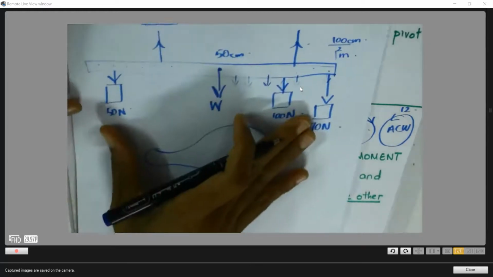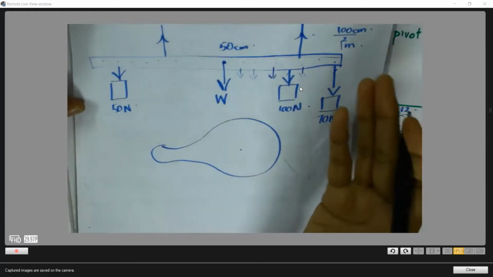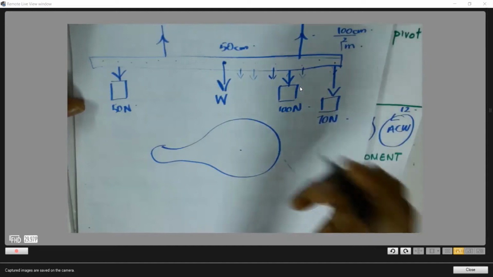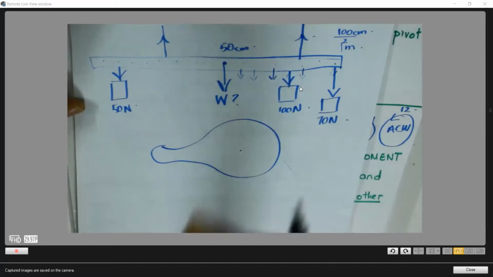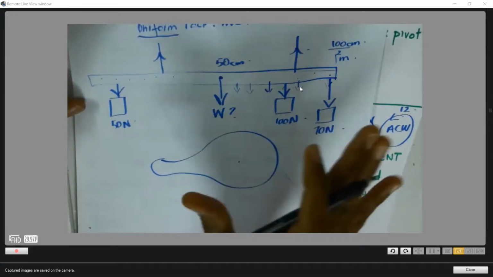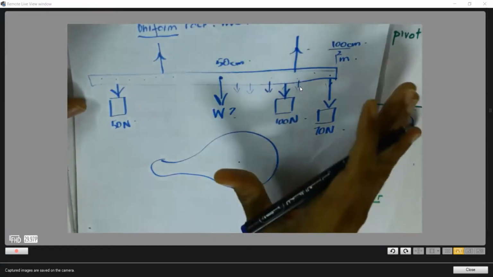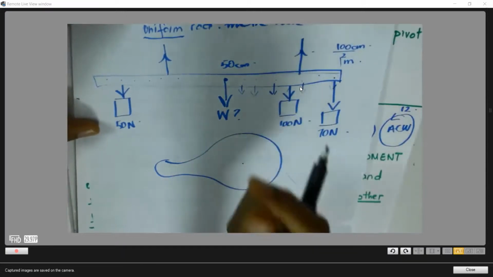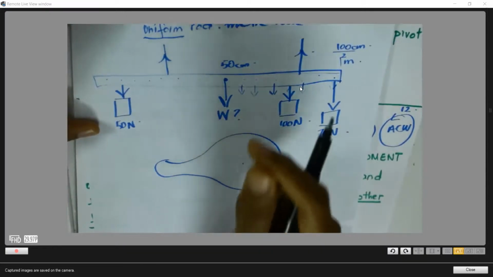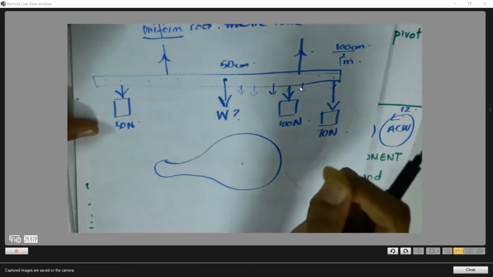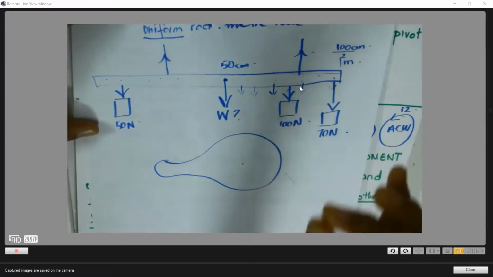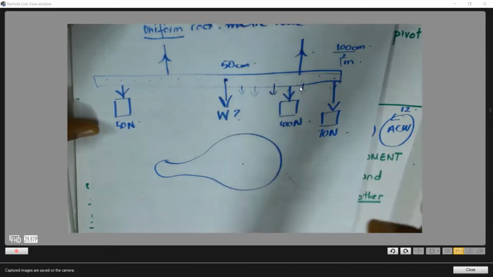Now, if we are given some calculation, for example, let's suppose they're asking us to find the weight of the rule, for example. Now, how to go about this? Don't be confused, okay? Just choose one pivot. While choosing the pivot, you have to read the question and then choose accordingly.